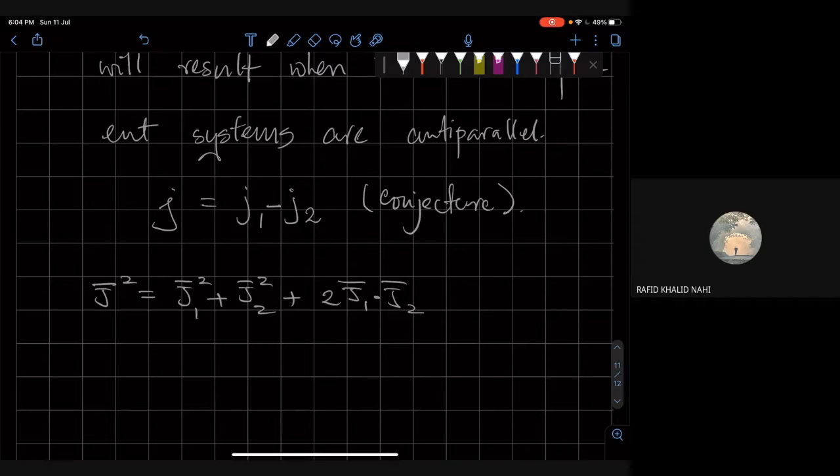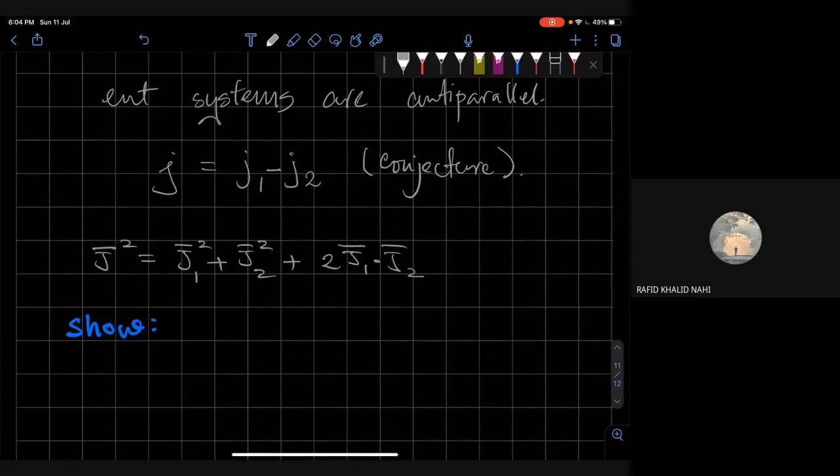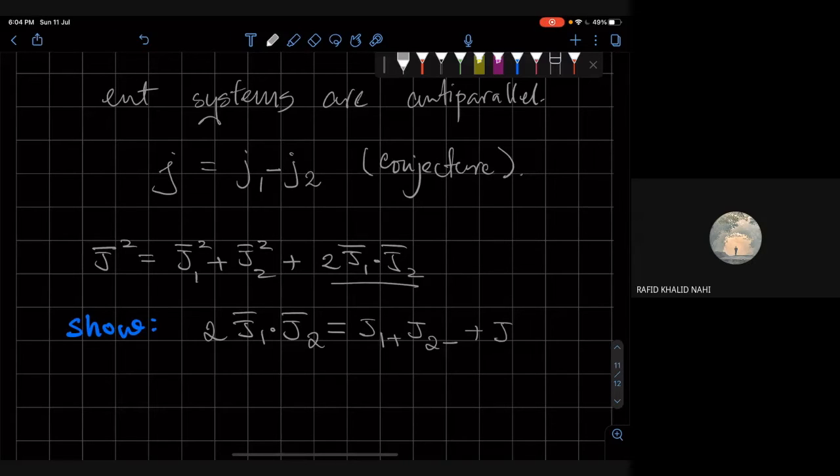Now it's easy to show that this guy, 2 J1 dot J2, is J1 plus J2 minus plus J1 minus J2 plus 2 J1Z J2Z.